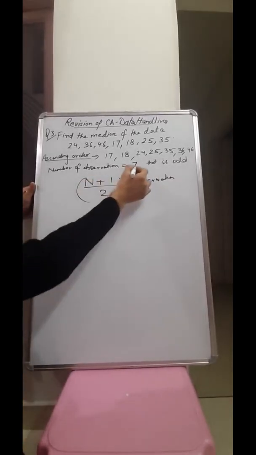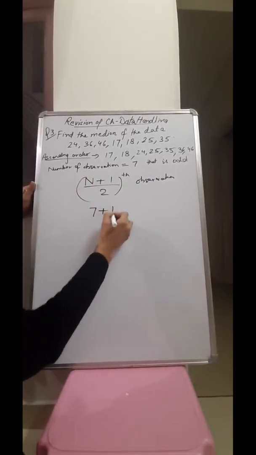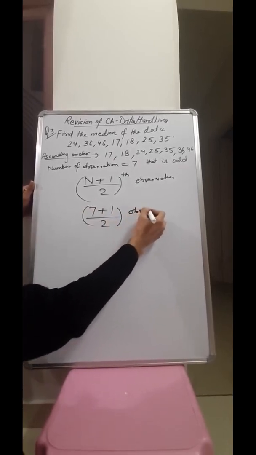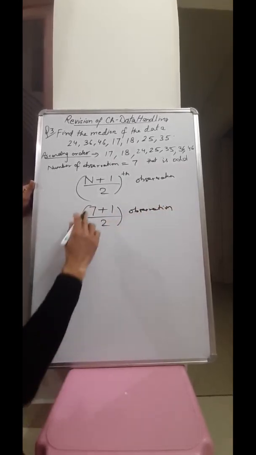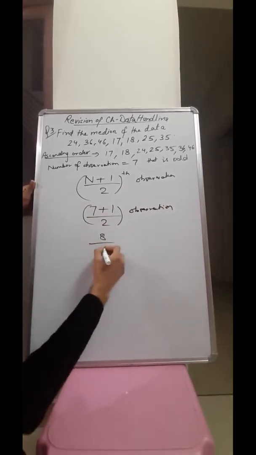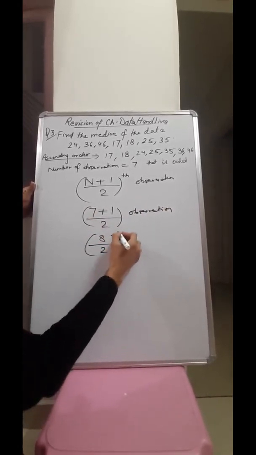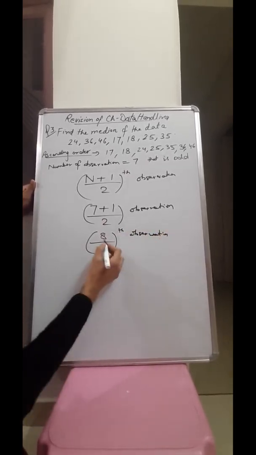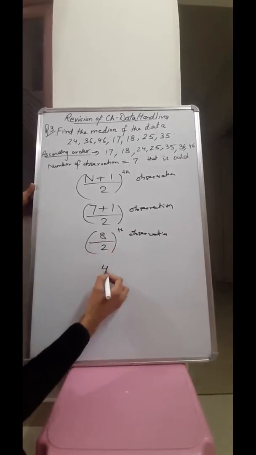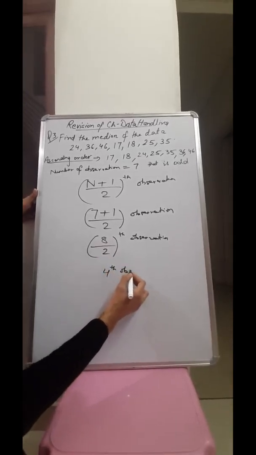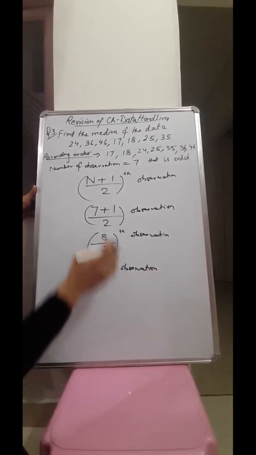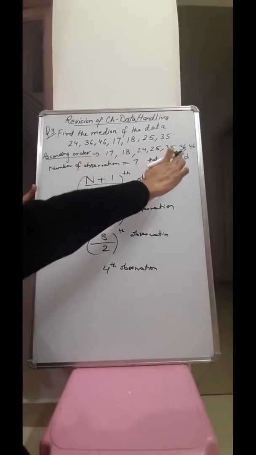So n here is 7, so 7 plus 1 upon 2 observation. That will give you 8 upon 2, which is the 4th observation. The 4th observation means the number which is coming at the fourth position in this ascending order.